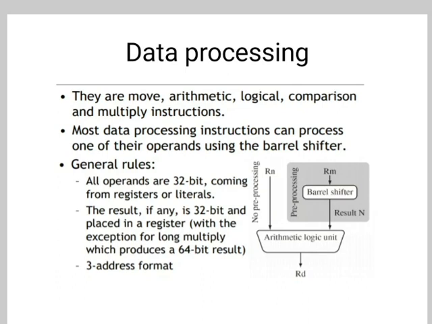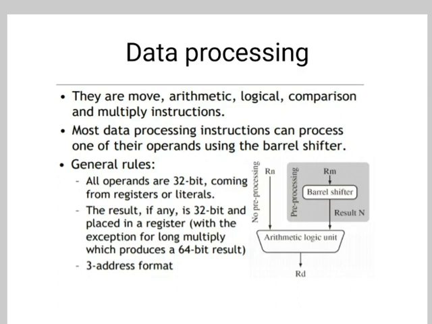The result, if any, is 32-bit and placed in a register, with the exception of long multiply, which produces a 64-bit result. Third is the 3 address format. Each of the operand registers and the result register are independently specified in the instruction.